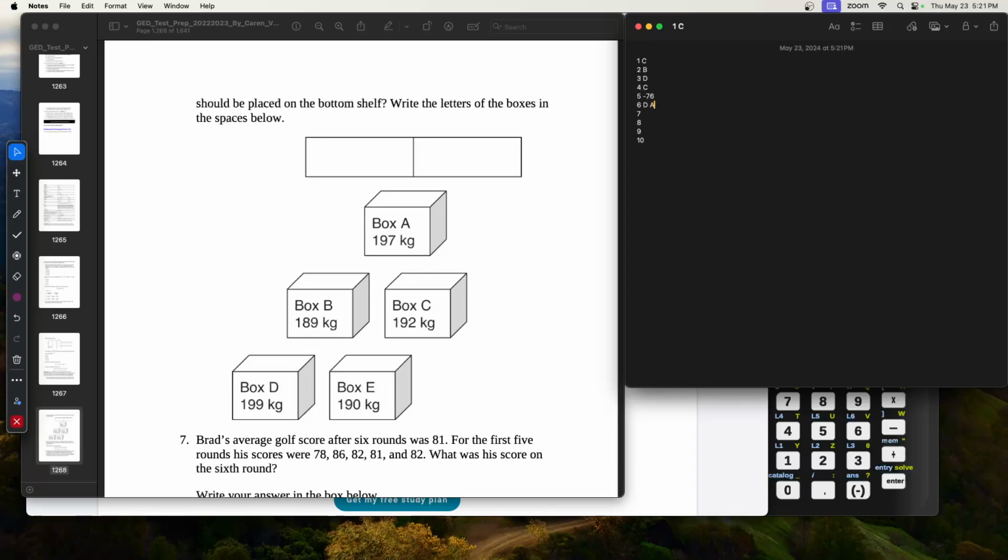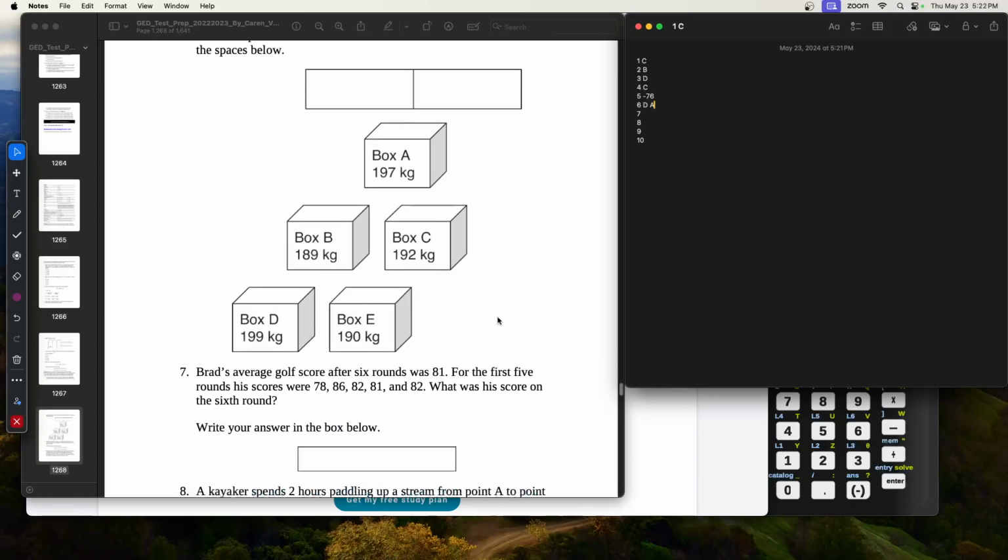I'm going to assume that this is not a trick question. A and D, right? I mean, they're the heaviest ones. Yeah, 197 and 199. Interesting question. Hopefully everyone can handle this one. Pick the bigger numbers.